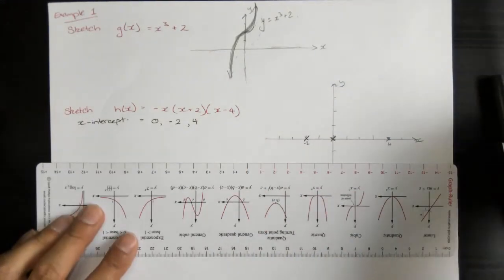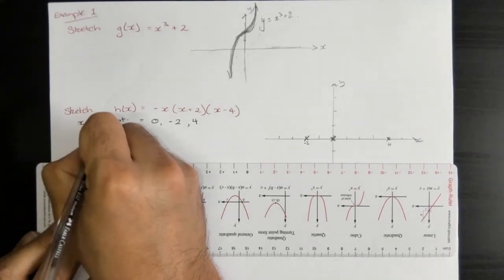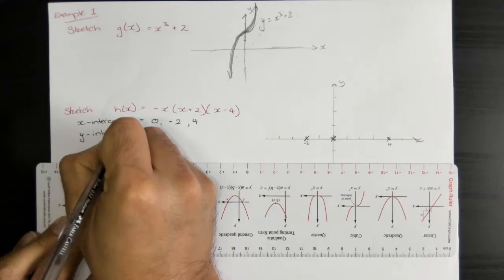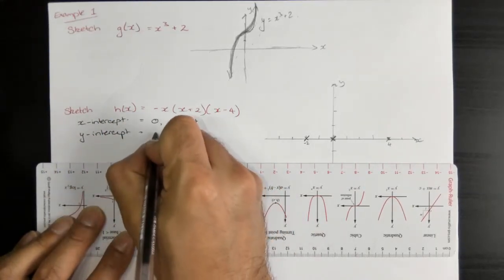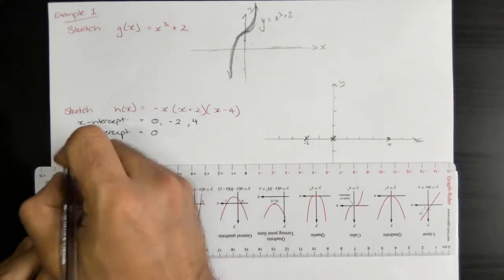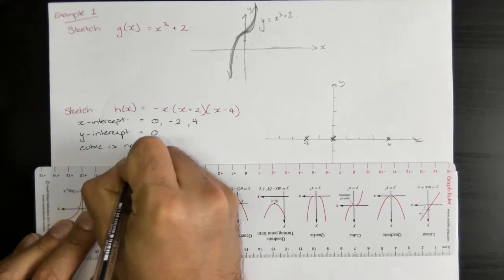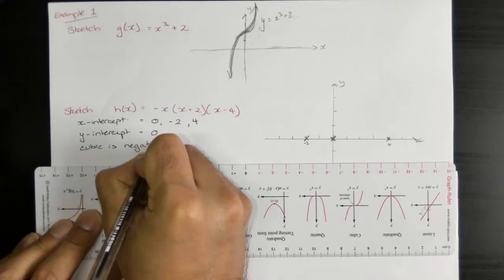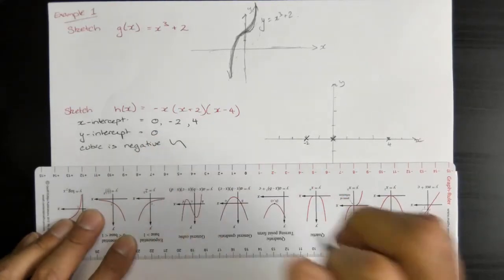The y-intercept occurs when x equals 0. So we've got 0 times 0 times 0, which is 0. The cubic is negative, so automatically we have a function that will go like that.